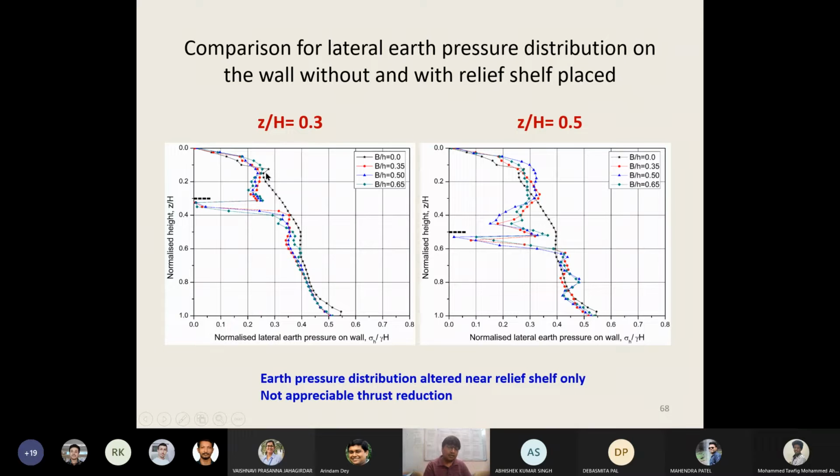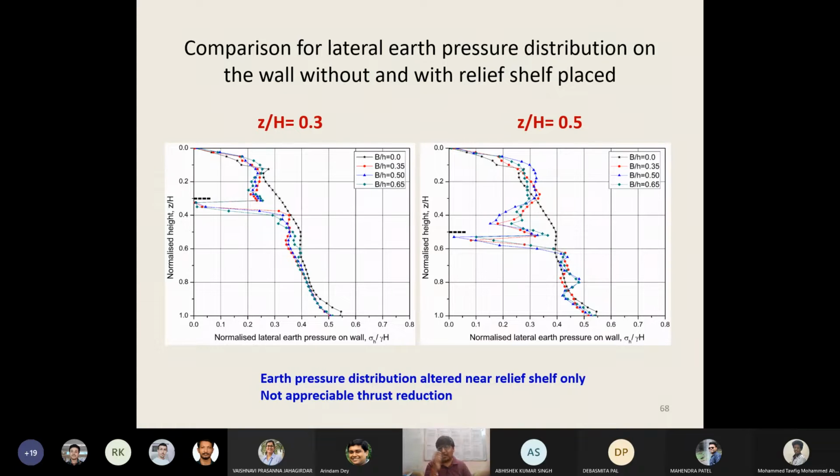Because we have considered a rough condition of the relief shelf, this reduction may be due to that. So the introduction of a single relief shelf is not much altering at any position. It happens nearby the relief shelf, and one important thing is that, due to the surcharge loading, the relief shelf has a tendency to move and deflect.